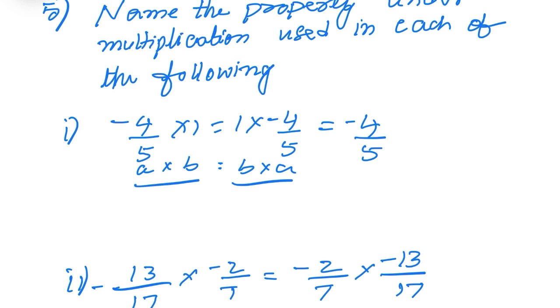We discussed many times in the earlier videos. It is commutative property under multiplication. Already they said it is multiplication. So you can write the name of the property. Commutative property.